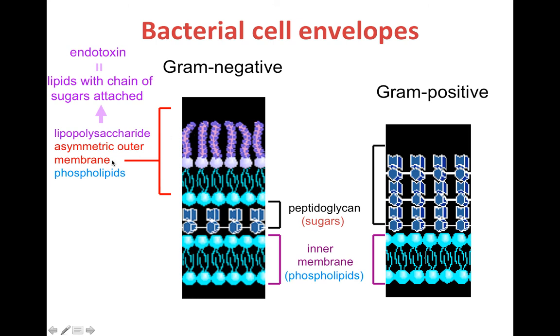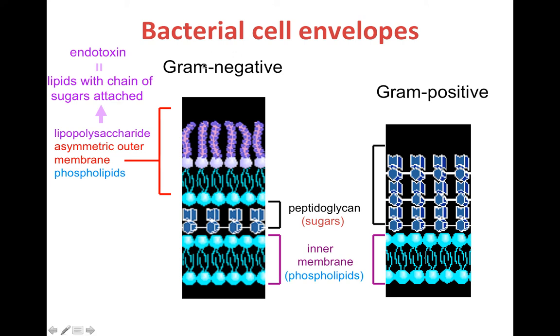It turns out that the lipopolysaccharide is an endotoxin, and this endotoxin, LPS, if found in high numbers in the blood of humans or mammals, can trigger a septic shock response, which is when all the blood vessels in the body will vasodilate, leading to a loss of blood pressure. This can then lead to organ failure and death, and we'll be talking more about that.